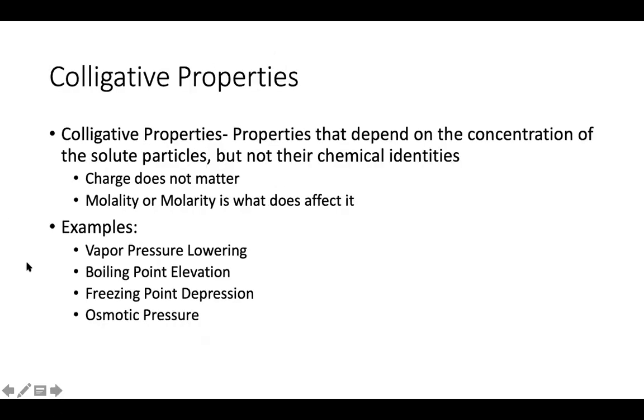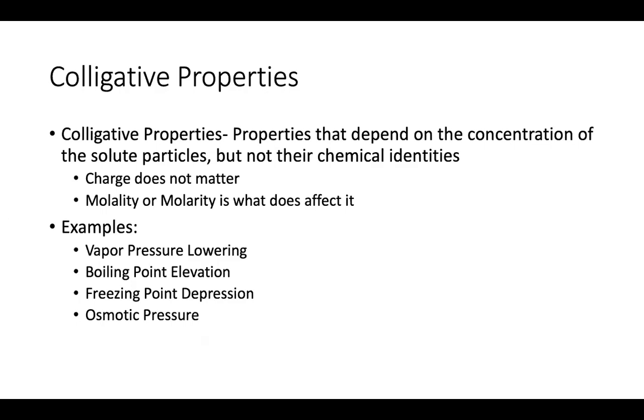So colligative properties. Just remember that these are properties that depend on the concentration of solute particles, not really their identities themselves. So we don't care if it has a positive or negative charge or what that charge even is. It just cares about the molarity or molality, and whether this compound splits into multiple ions.